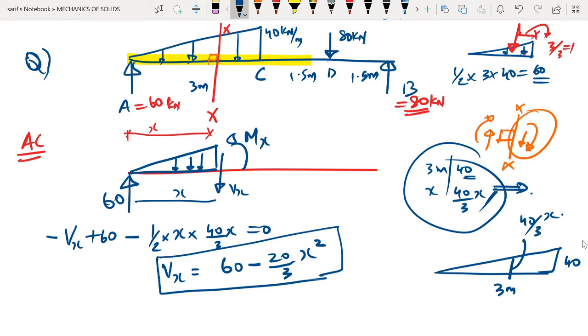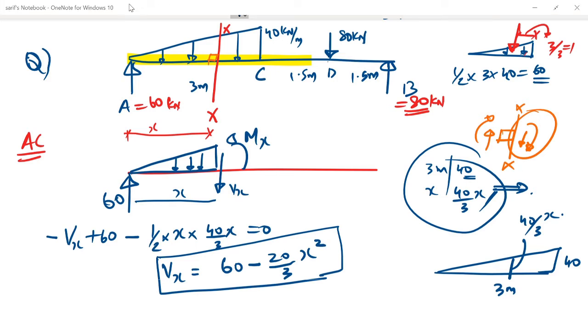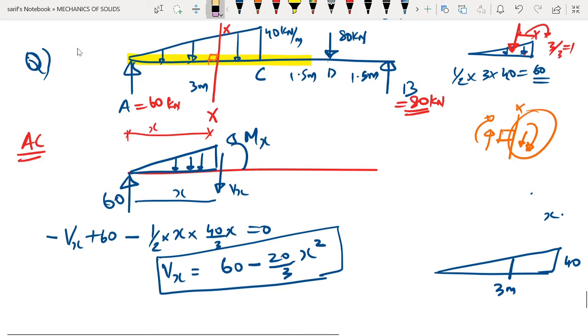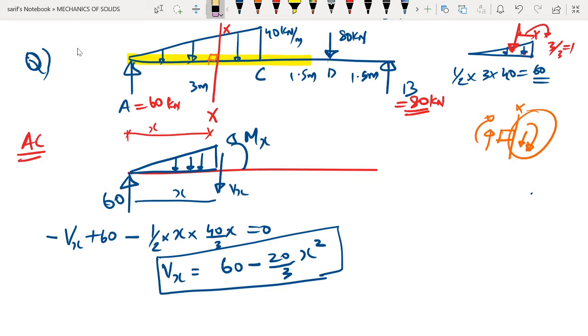Similarly, we can also develop expressions for the bending moment. So how do we do that? Again, to find the bending moment, we need to take the moment about the section xx.